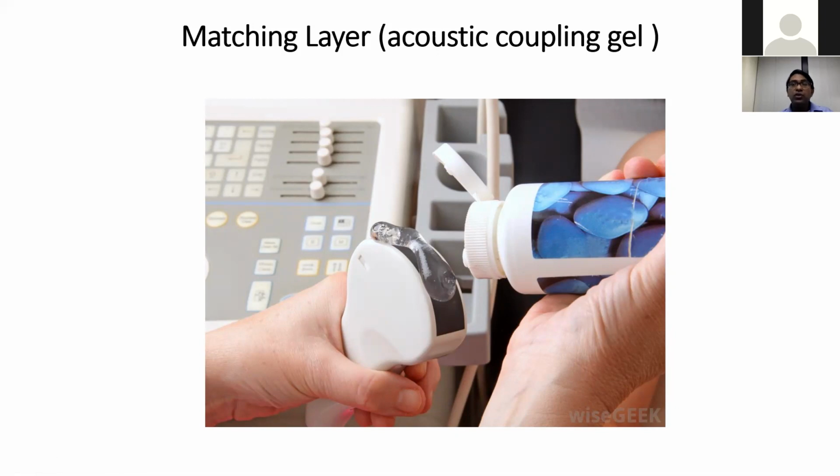So there would be a huge reflection going from the PZT to the human body. To avoid that impedance mismatch, we have a matching layer, which reduces the impedance mismatch between the soft tissue you would be imaging and the PZT impedance. That's called the matching layer.